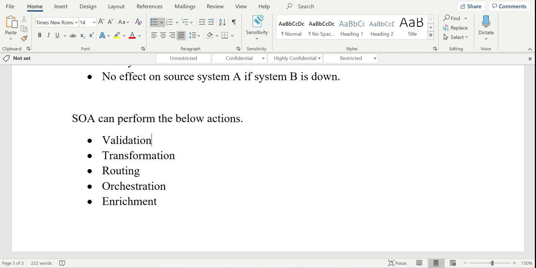Message enrichment is like this: the data that is fetched from the source can be enriched with some added fields, added attributes, before sending it to the target as per the requirement.